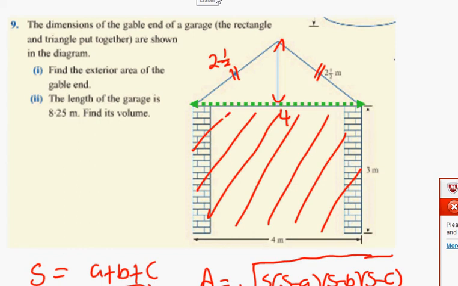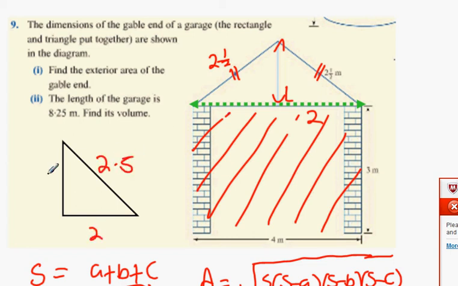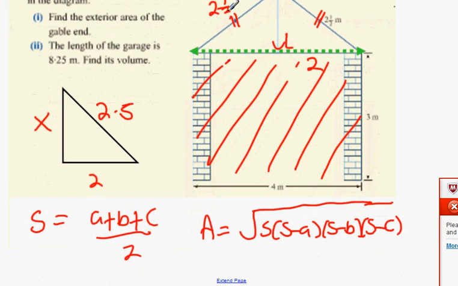What Jack is saying is, why don't we half the 4 to get 2? And then we can use this triangle here as a 90-degree triangle, okay? And when it's a 90-degree triangle, to get the perpendicular height, it's going to be 2 squared, and this is going to be 2.5, and we have to find out what x is. So let's do it that way. It'll be shorter than the ABC method anyway.